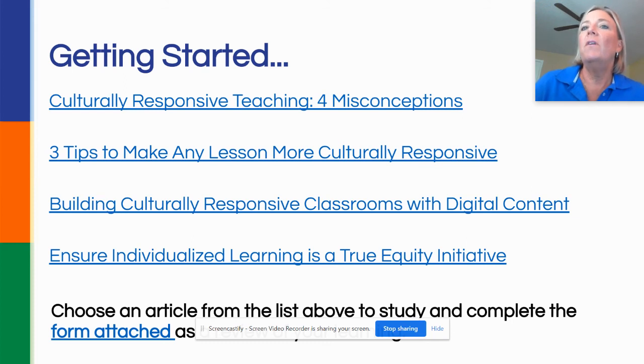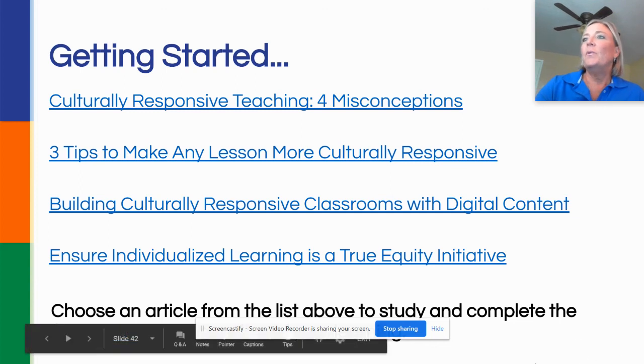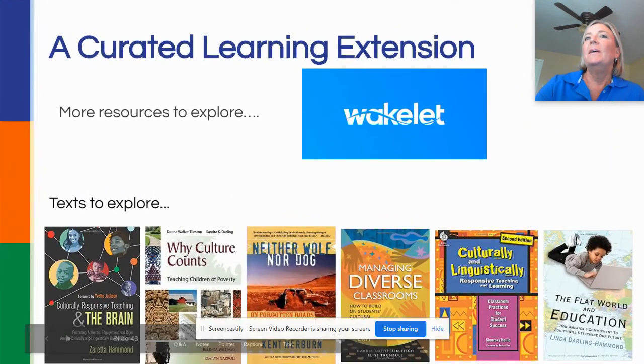Once you have read one of the articles and completed the Google form, which requires a summary of the article as well as how that article will impact your classroom, you will have completed today's culturally responsive teaching professional development session. Keep this slide number 42 in mind so that you can come back and choose your article and get to your Google link for the form that has to be completed.